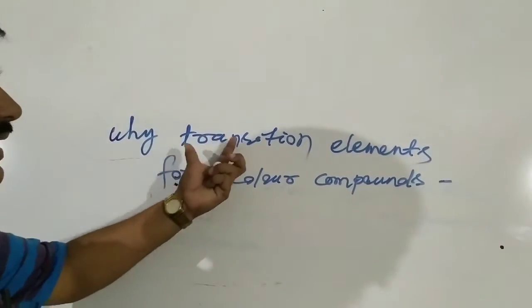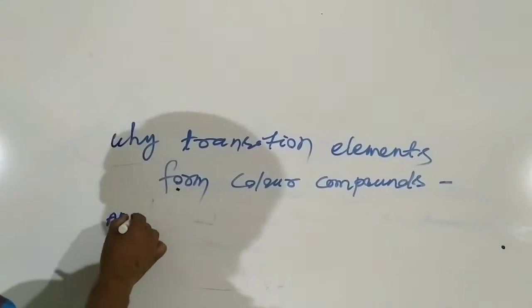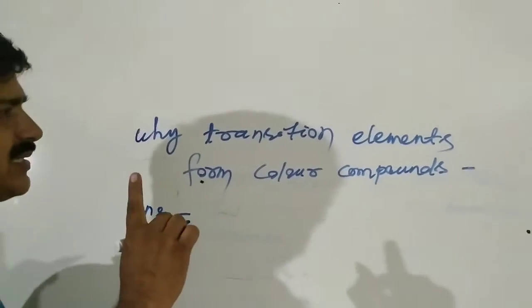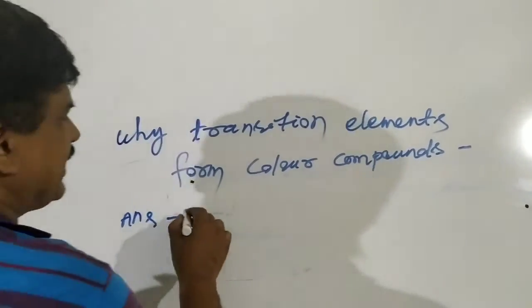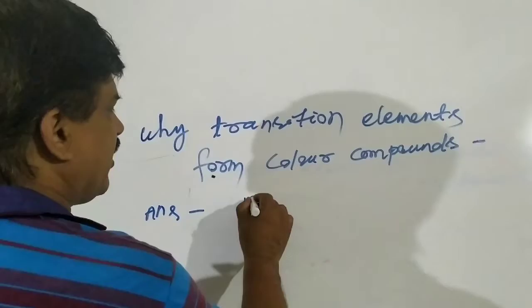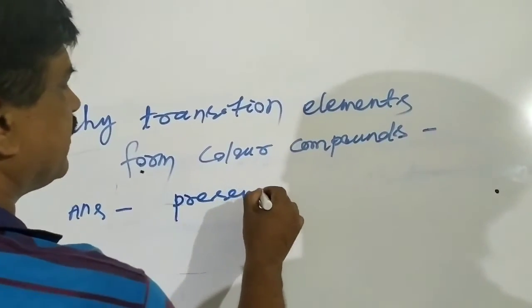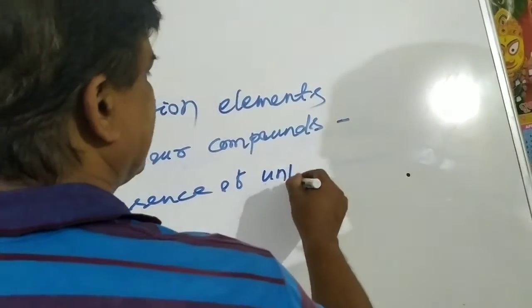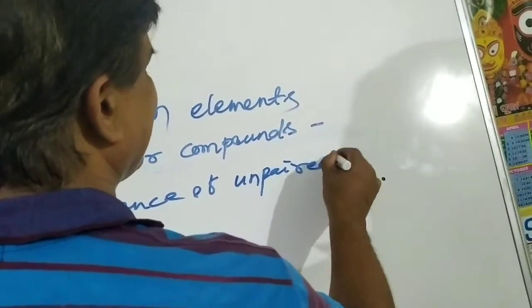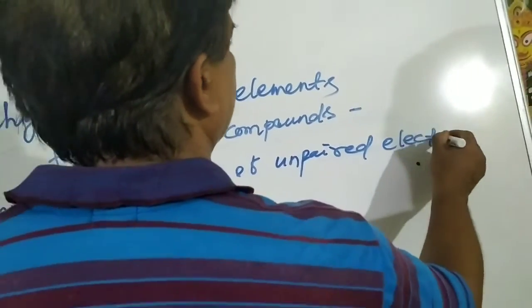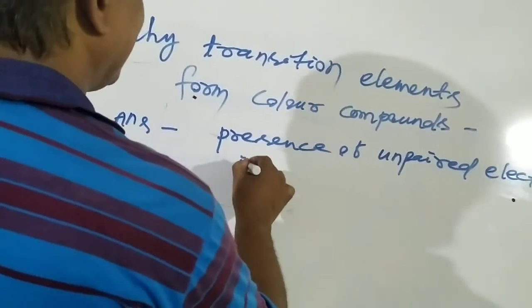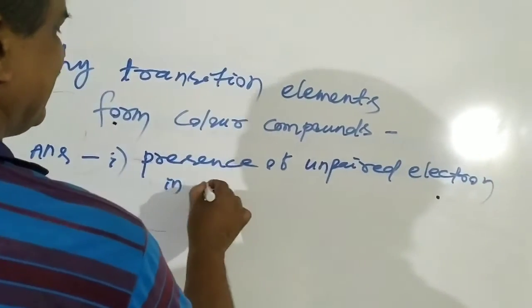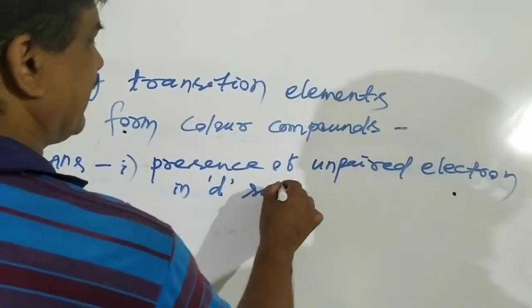Generally, transition elements form colored compounds due to 2 reasons. First reason is presence of unpaired electrons in the d subshell.